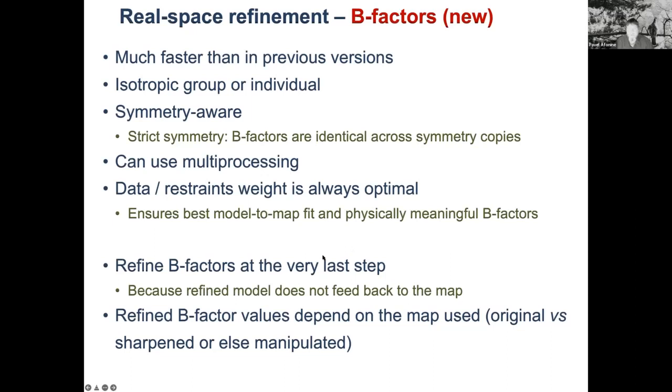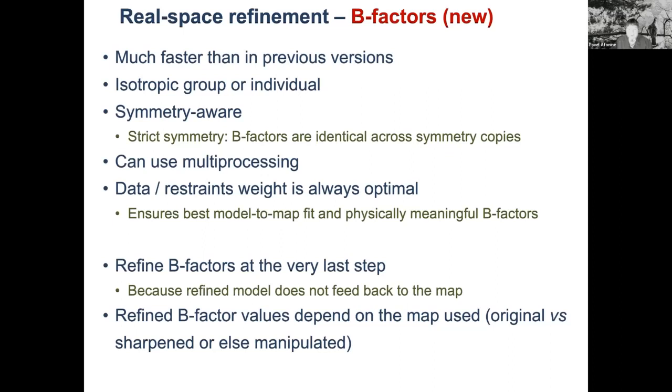Now, just to give you a couple of hints, so when you do B-factor refinement, that's a typical question. When it comes to cryo-EM, we refine B-factors as the very last step. This is because refined models do not feed back into maps in the case of cryo-EM.